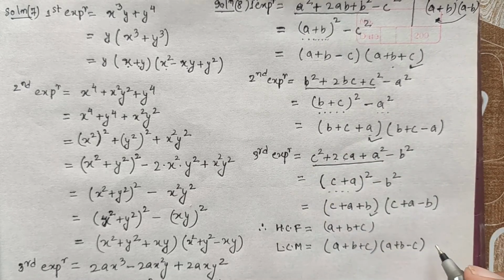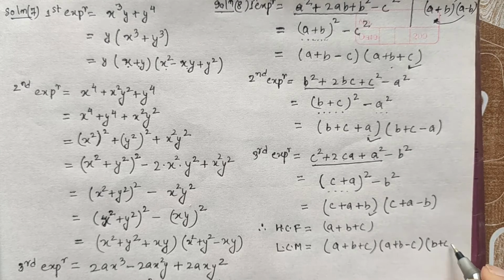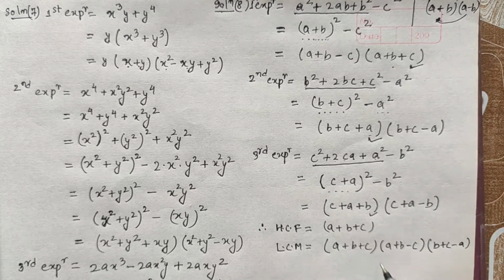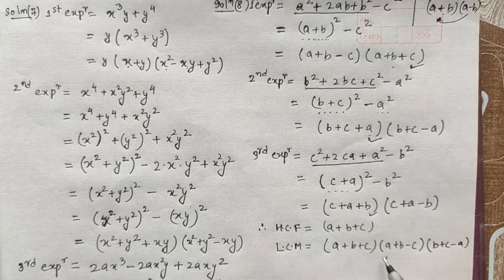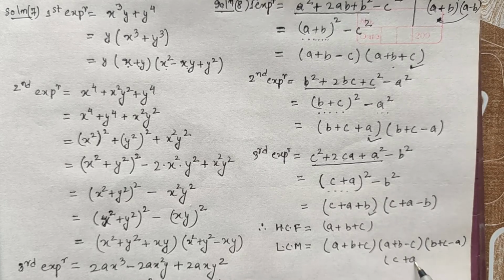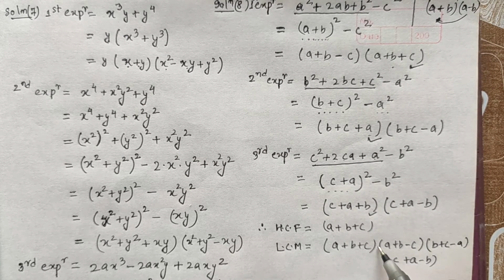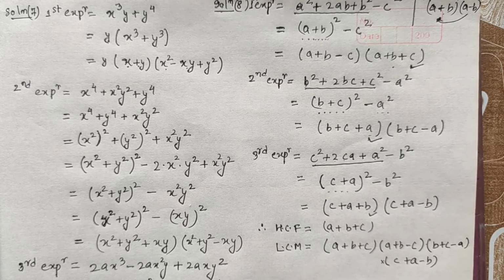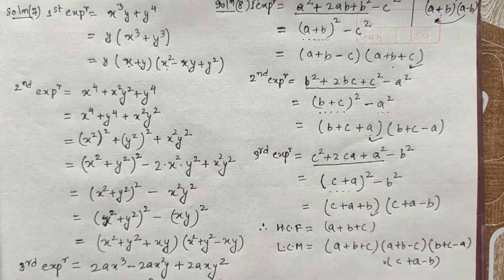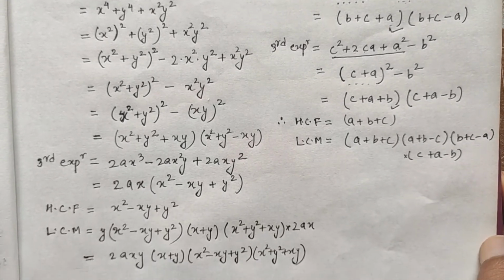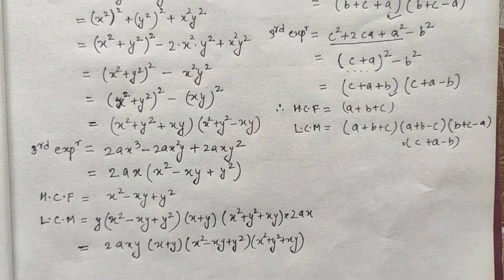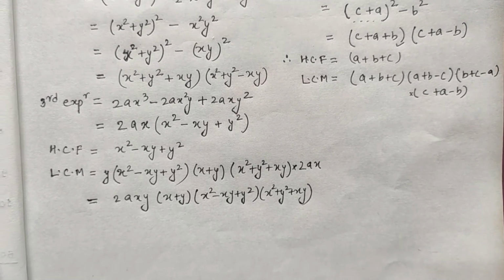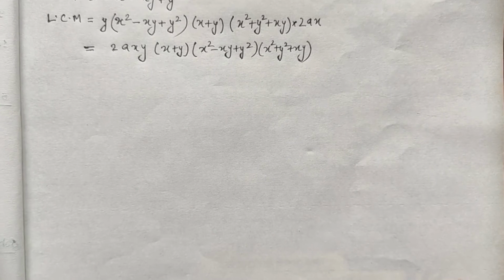In the second term the remaining is b plus c minus a, and in the third term the remaining is c plus a minus b. I am not writing any sign here. If there is no sign, you have to understand that they are in multiplication. This is also in multiplication with the rest, because there is no space to write. Understood? Okay, I hope you understand this.